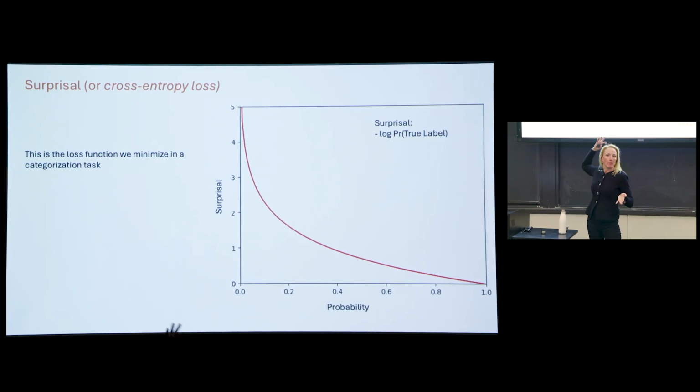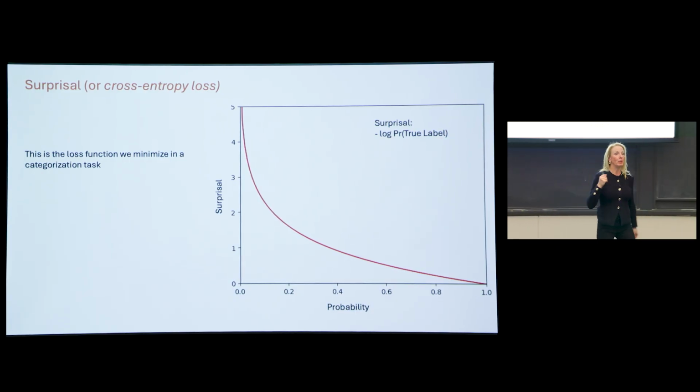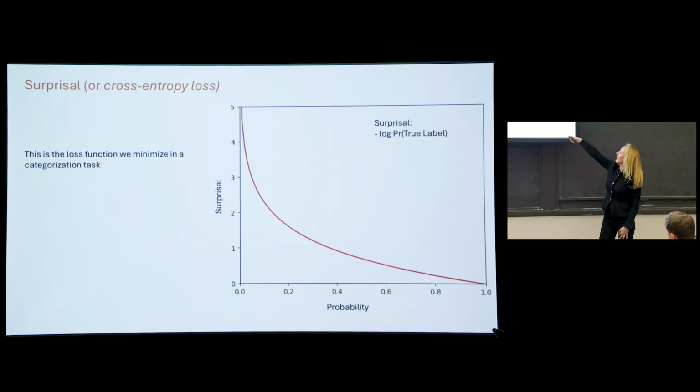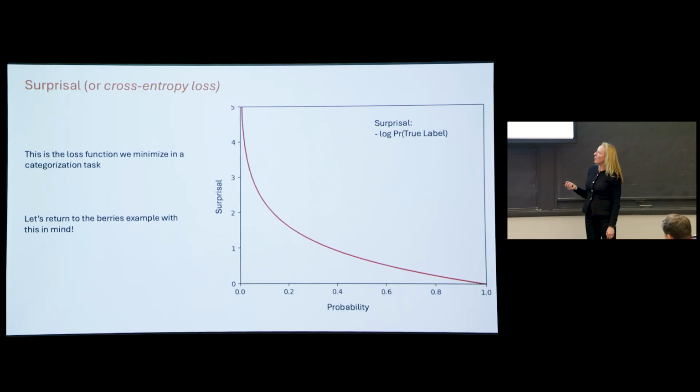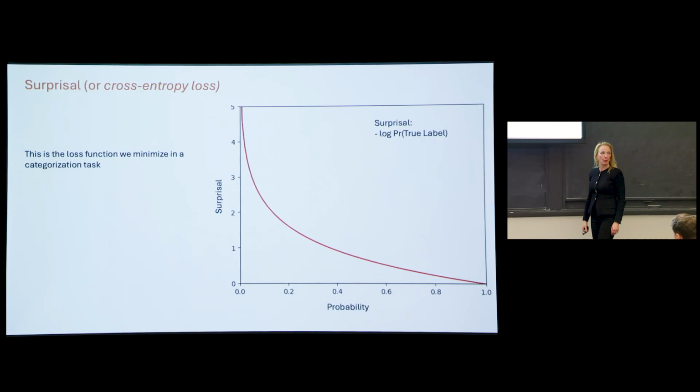Mathematically, this gives us a nice function that we can descend on. If you're making really good predictions, assigning very high probabilities to the thing that is actually true of the example, then you have a very low loss. This function is minimized when you assign very, very high probability to the true label. Okay?